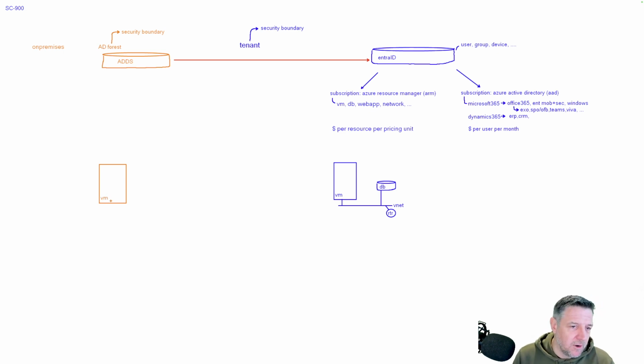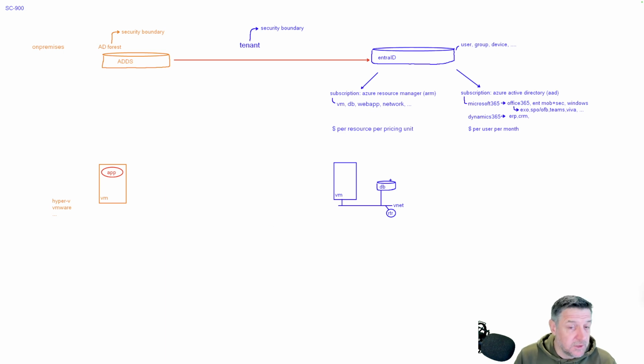We may be hosting a virtual machine in Hyper-V, which is Microsoft's virtualization platform. You may be running your solutions in VMware or other virtualization platforms. A virtual machine here could be hosting an application.